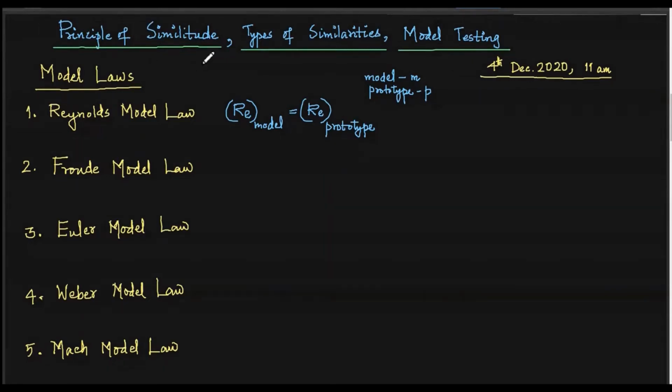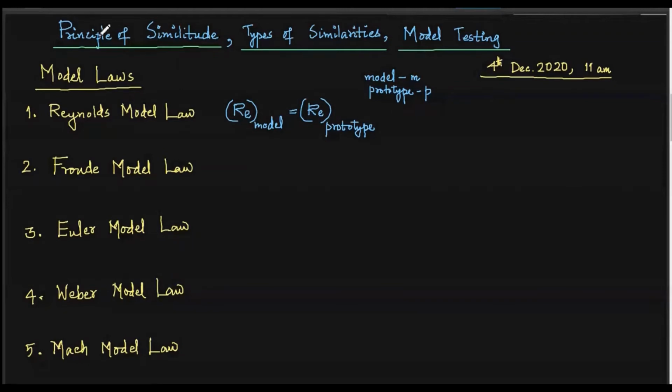So in order to rely on the results which we get from the model, it should represent, in every similarity aspect, the prototype. So how can a model represent the principle of similitude with the prototype? That we will discuss now.